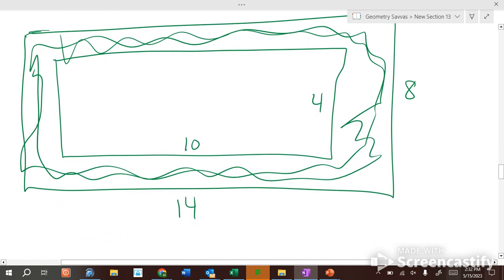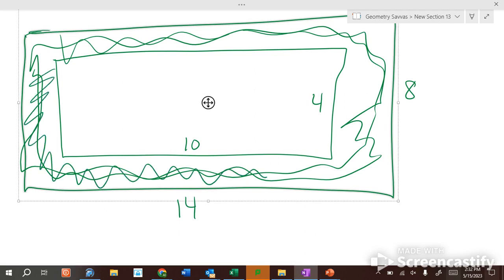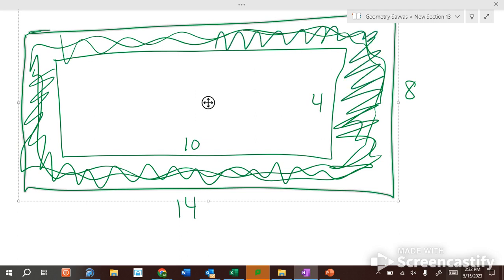How do we find the area of the shaded region? Find the area of the large region minus the area of the small region. Find the area of the big rectangle minus the area of the little rectangle.